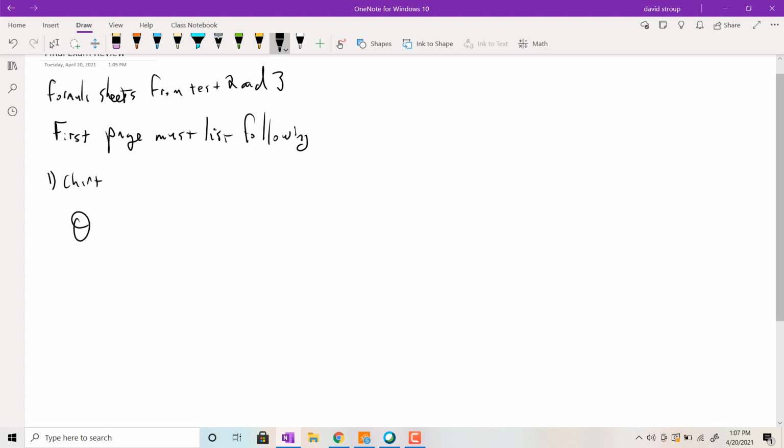So what do we have? Theta, and then sine theta, and then cosine theta, and then tan theta. So we go from 0 to pi over 6, and then pi over 4, and then pi over 3, and then pi over 2.